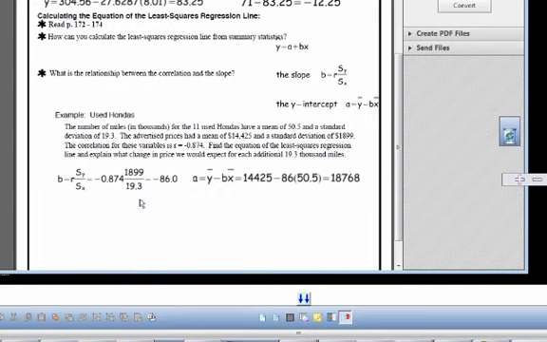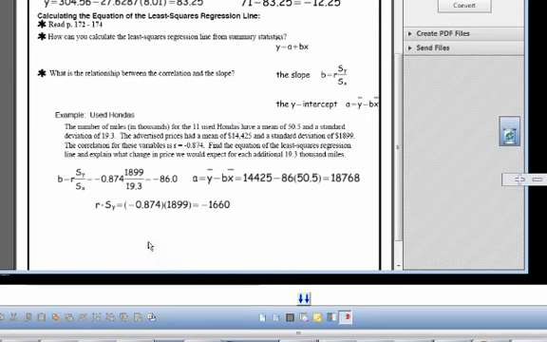What this means is that for every standard deviation, or every 19.3 thousand miles, we expect the price of the car to go down by 0.874 times 1,899. So for every additional 19.3 thousand miles, we expect the cost to change by this amount.